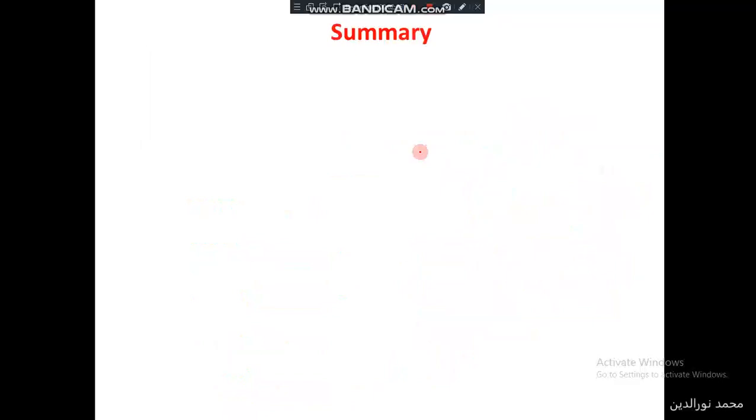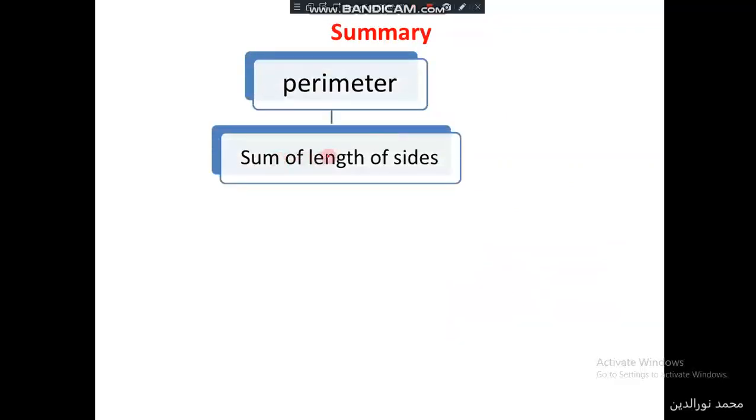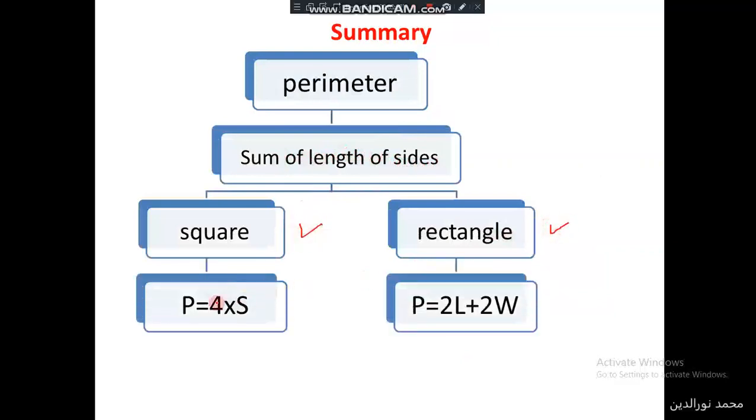So as a summary for this lesson, the perimeter is the sum of the lengths of the sides of the polygon. We talked about square and rectangle. For square, the rule is P equals 4S, and for the rectangle, P equals 2 length plus 2 width.